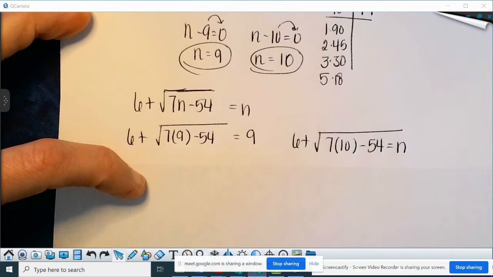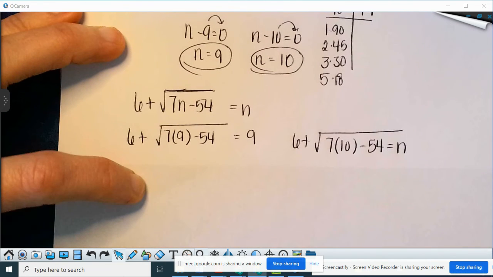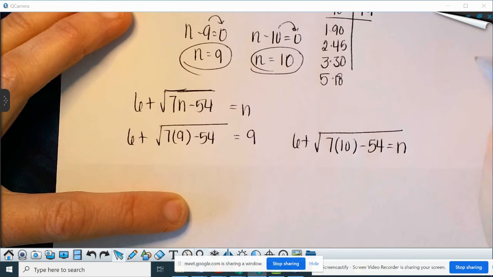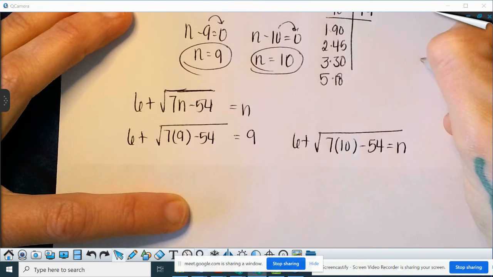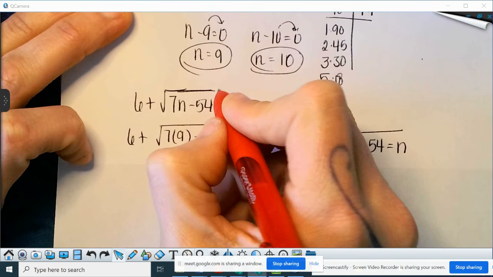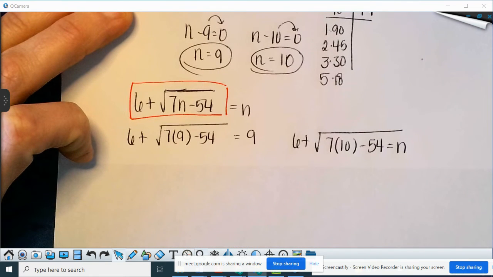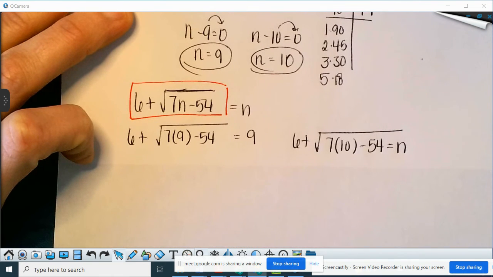You could at this point also, if you wanted, because it's equal to n, kind of like it being equal to y, type in the 6 plus just this portion into your y equals, and then go down and see where your x and your y value matches.